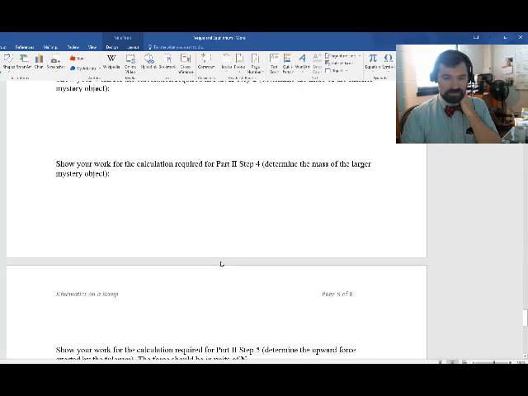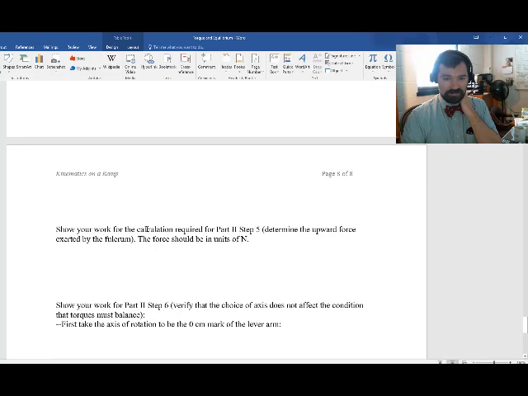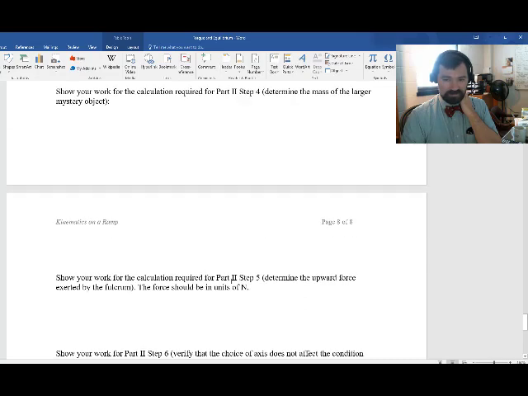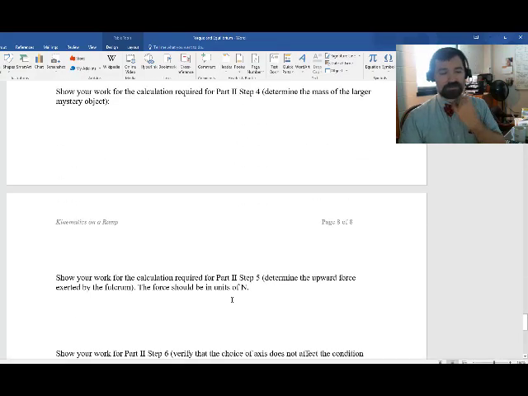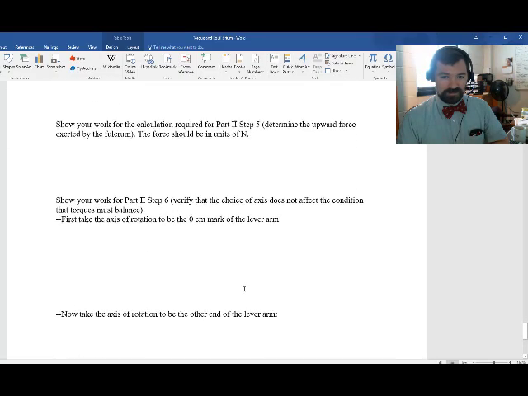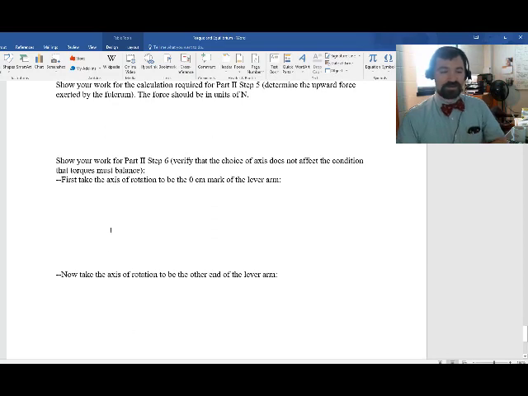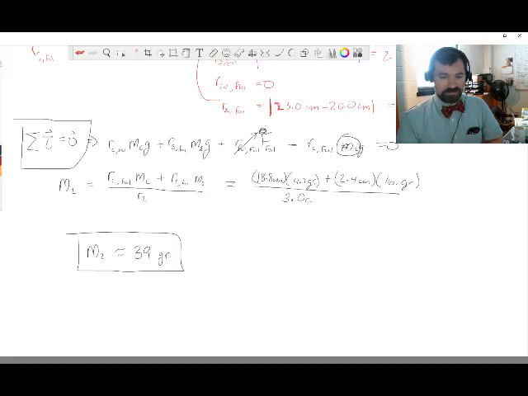At this point, you're supposed to actually go and get the upward force from the fulcrum using this second mystery mass. So it's the same calculation that I've done for you twice already, but now with the mystery mass number 2 used rather than mystery mass 1. And then after that, you again go and verify that the choice of axis doesn't affect the condition that the torques must balance, this condition here.